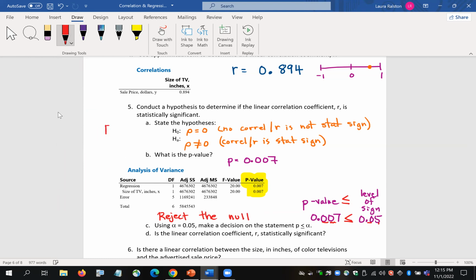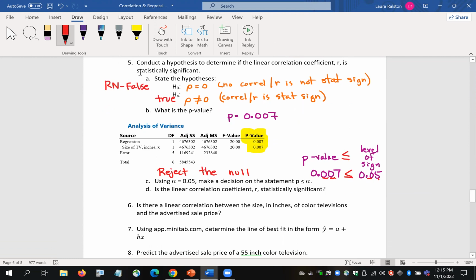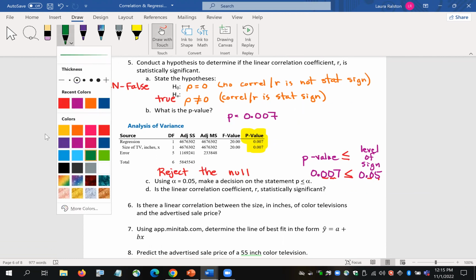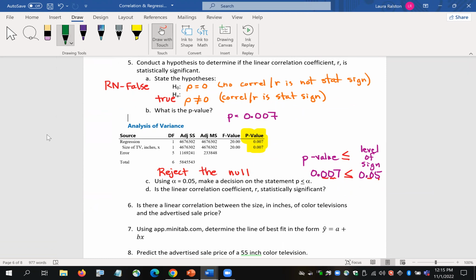Remember, if you reject the null, that means the null is false, and by default, the alternative is true. If the alternative is true, then R is statistically significant, which means there is a linear correlation between the size and the price of the TVs.